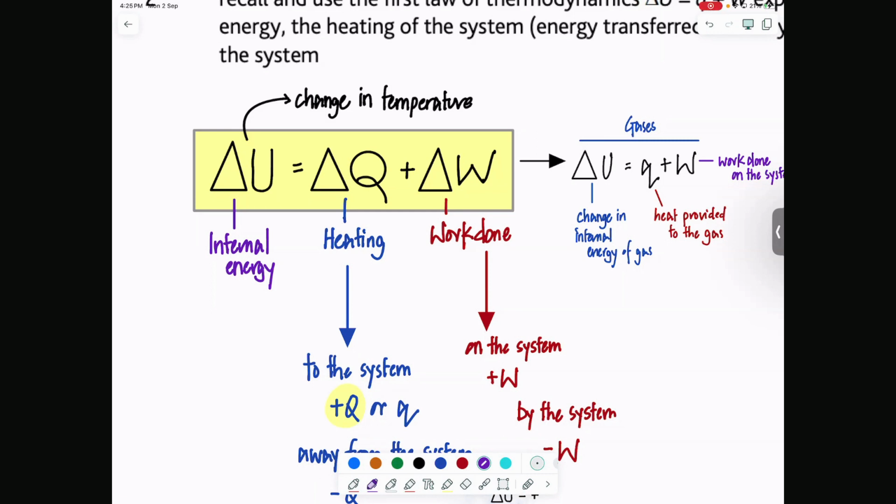So we'll do one more. The sun. What's going on in the sun? So is it del Q or del W? Work done. What work done? Huh? In the sun. Like, why is the sun hot? Why is it 100 million degrees Celsius at the core?